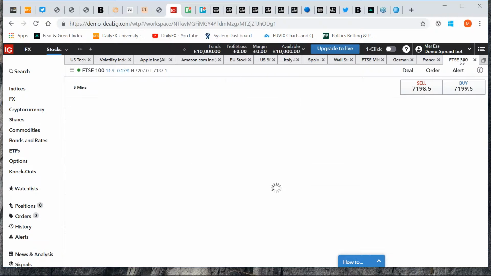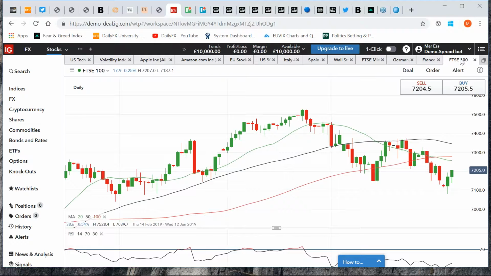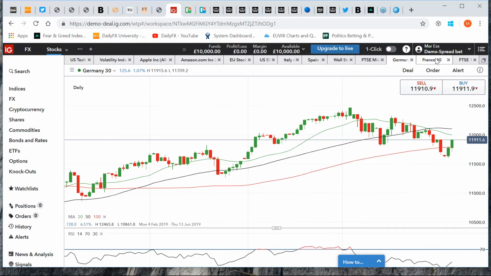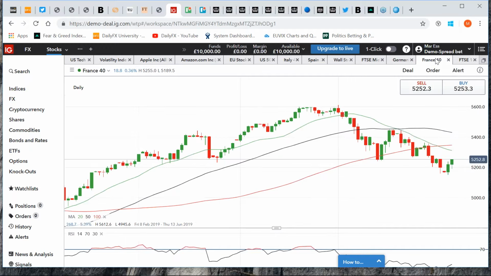FTSE 100, which is one well worth looking at, London listed stocks, but international in scope, and they are also beginning to rise. Germany, the DAX, a little bit of a pickup. France, the CAC 40, a little bit of a pickup. So this is telling us the same story, from a technical view, as the currencies are telling us.